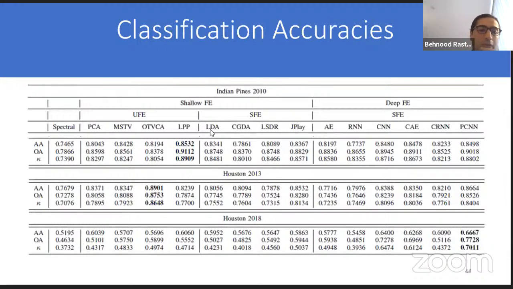And then we compare all the results with applying random forest simply on the spectral bands, which, as you see here, provides less accuracy compared to other techniques for all the datasets, which confirms the fact that feature extraction is useful, either deep feature extraction or shallow feature extraction.